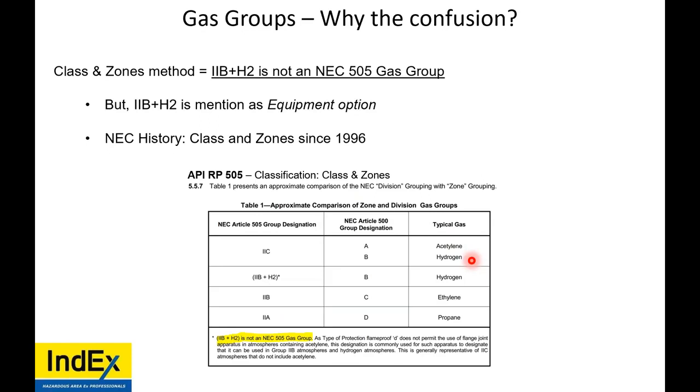So as we see, that causes confusion in the industry. We'll go into details of why it's a problem. But under NEC 505, they list 2B+H2 as only an equipment gas group option. So under NEC history, they brought zones into effect in 1996.